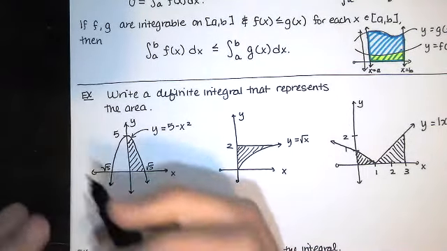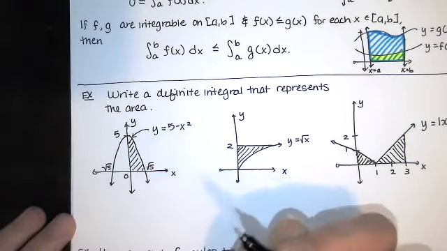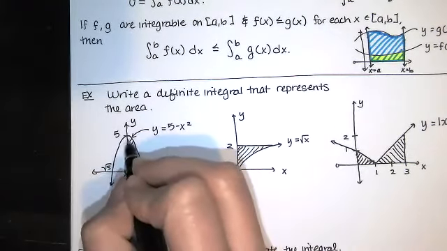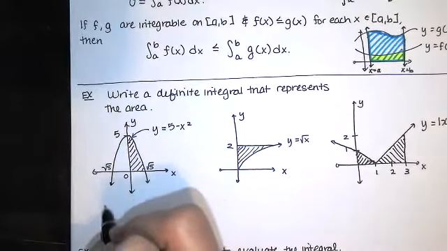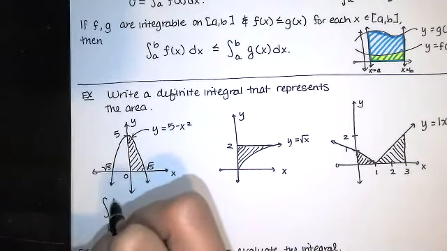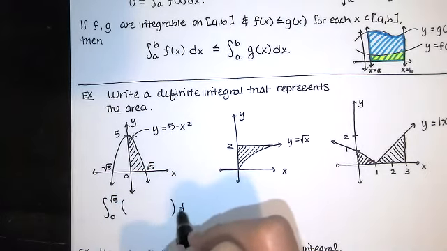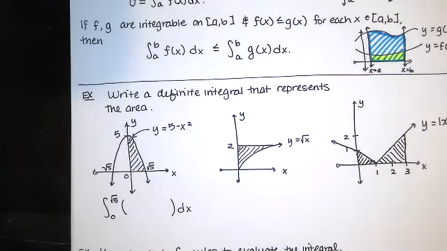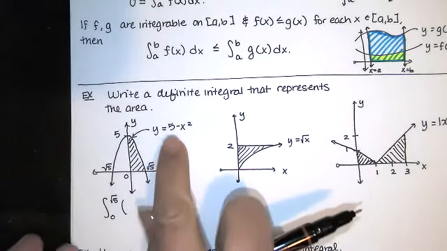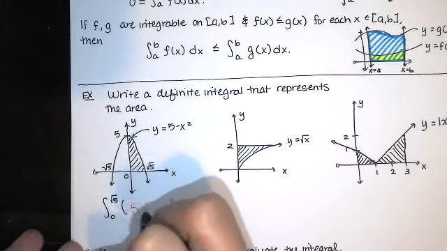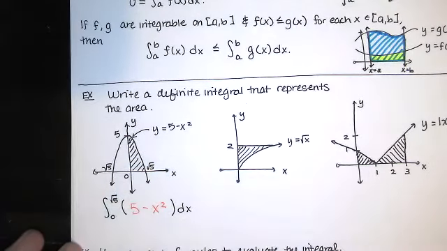Well, I noticed that x is starting at 0 and ending at square root of 5 for this picture, for that area. So I've got the integral from 0 to square root of 5, and then I'll have a function multiplied by dx. Well, the function there, the function that's bounding that area, is y equals 5 minus x squared. So that's what we've got there.